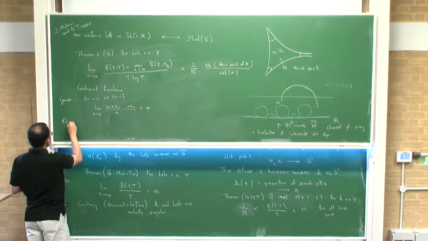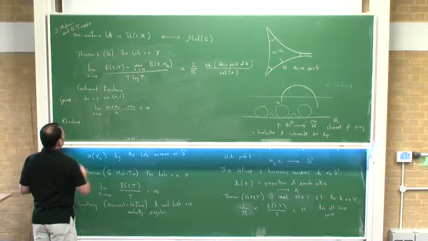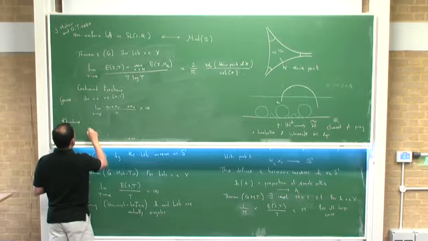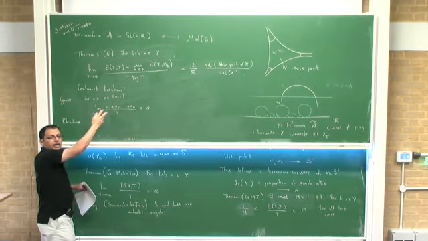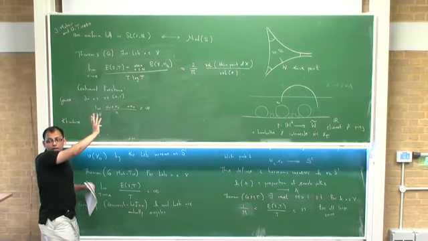Then Khinchin showed the following theorem, that the numerator grows like n log n in measure.